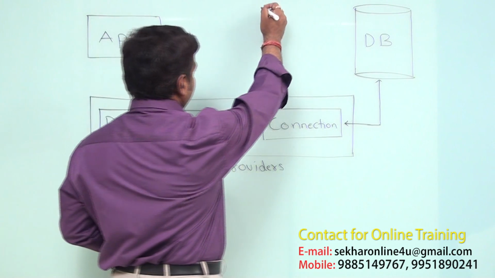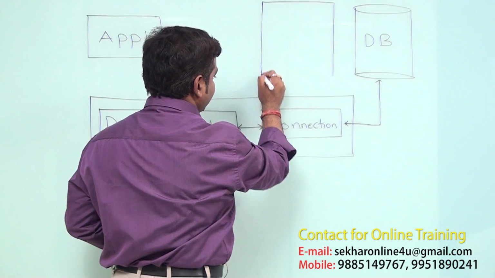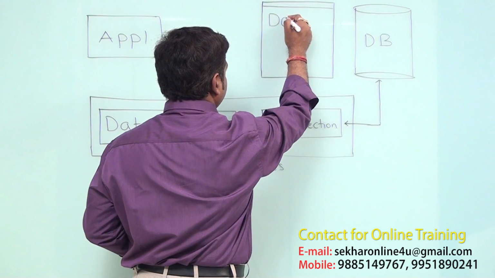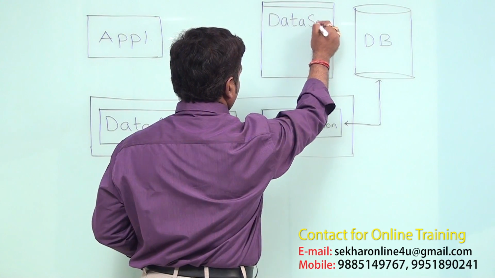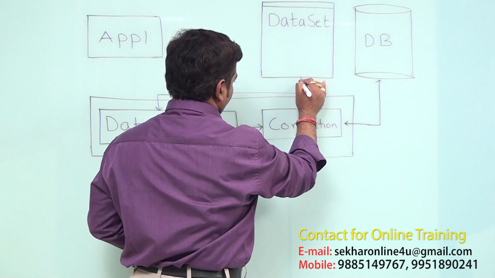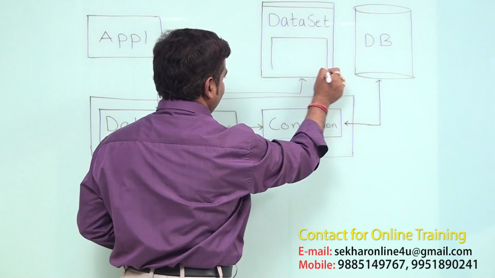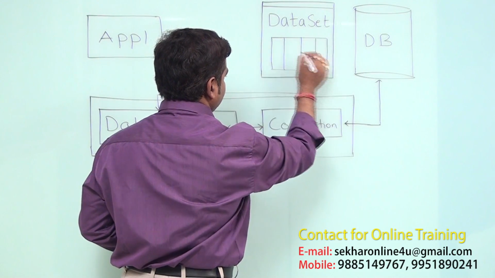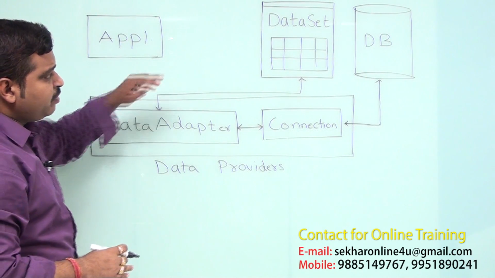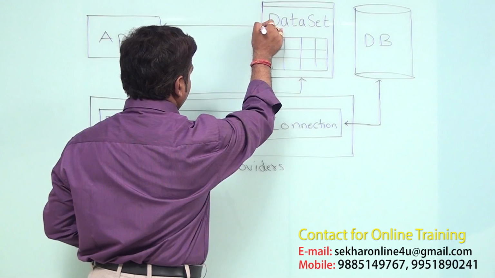Now, my adapter cannot interact with the application directly, and hence we take the support of a data set. The data adapter fills the data set such that the data will be maintained within the data set. And once the adapter provides the information to the data set, my data set can interact with the application.